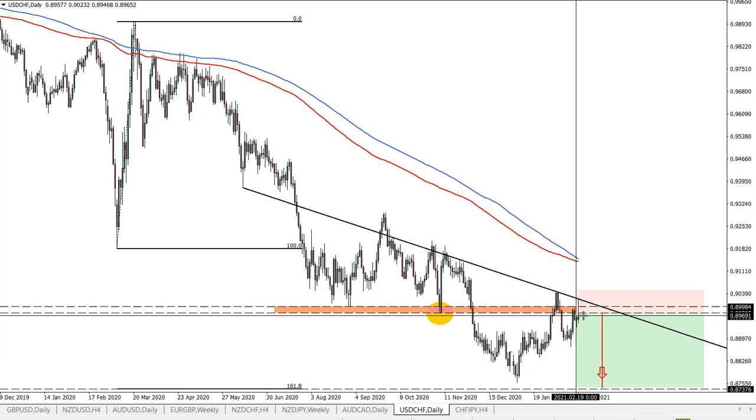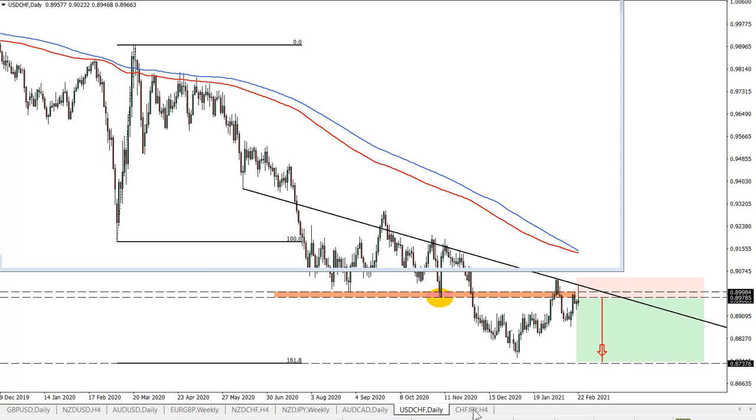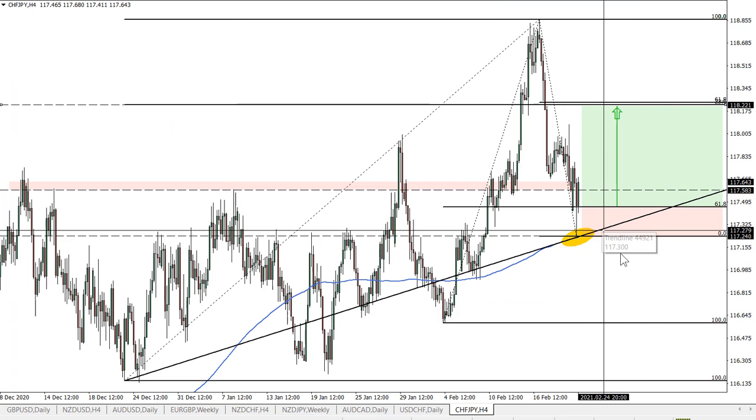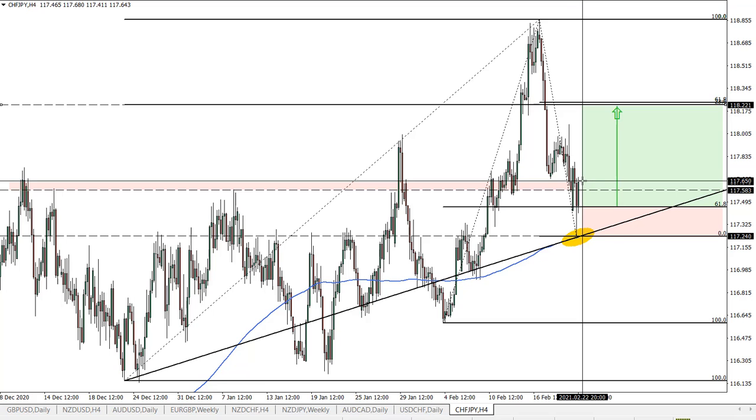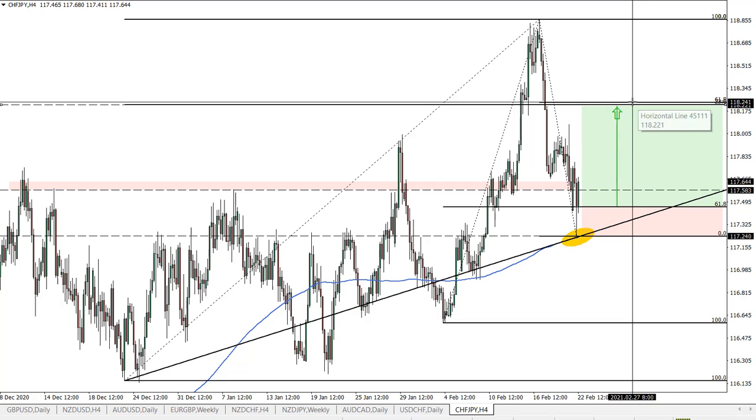So maybe from this price we will see the continuation of the downtrend yet again, suggesting also a potential strong Swiss franc. So all in all, we have multiple confirmations that the Swiss franc could be strong, although there could be also this pullback before this move will take place.